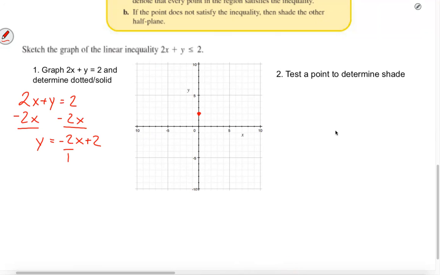So she's going to go down 2 to the right 1, down 2 to the right 1, down 2 to the right 1. Again, this seems excessive, but it does help in connecting your dots. Okay? And then she's going to notice that this sign says that it is a solid line. So she connects it.